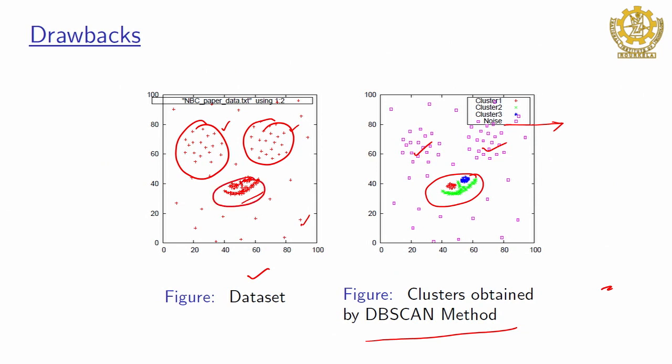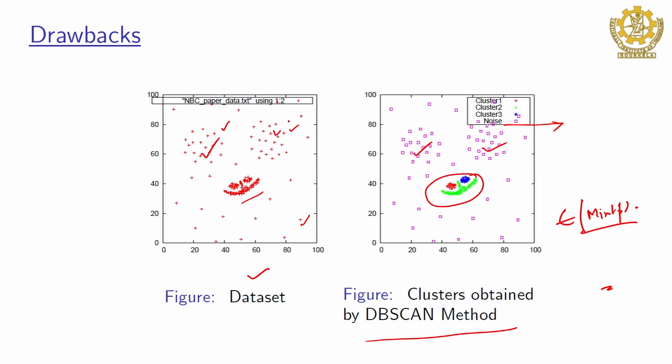So, we will always get the 3 clusters, and there is no combination of epsilon and minimum points that gives us 5 clusters. Why are we saying 5 clusters? Because here there are actually 5 clusters: this is one cluster, this is one cluster, and here 3 clusters.